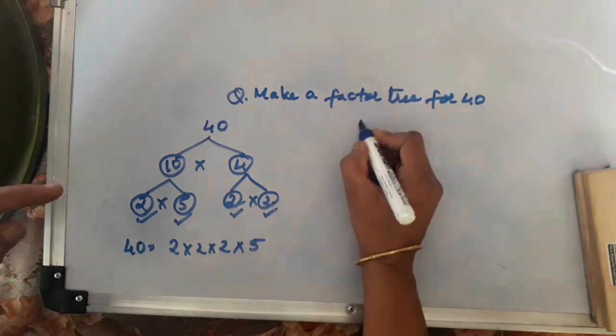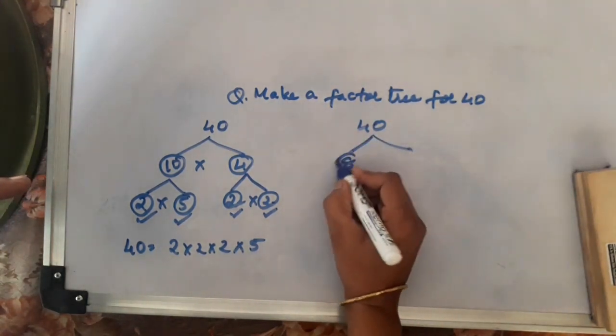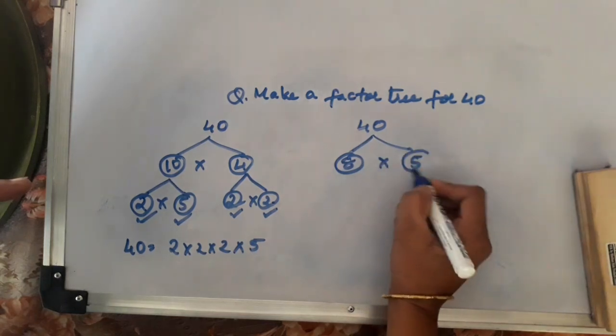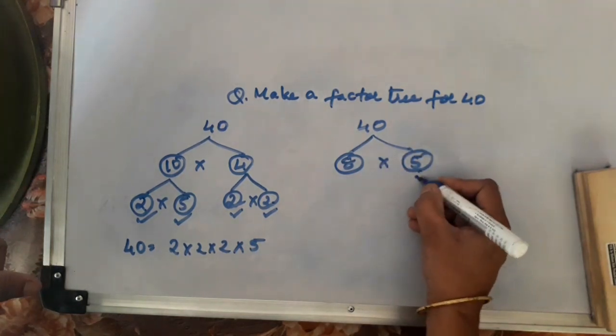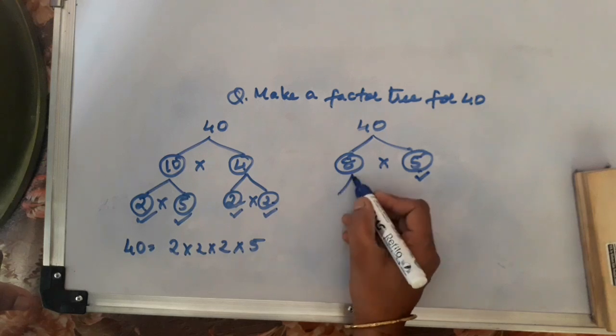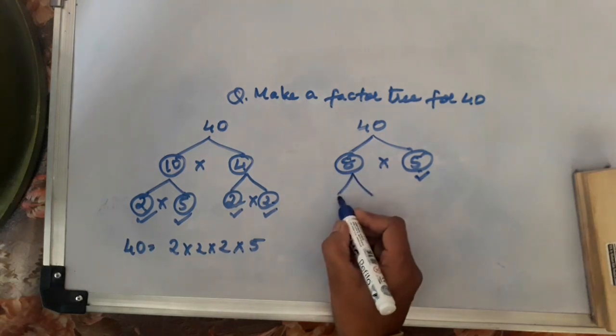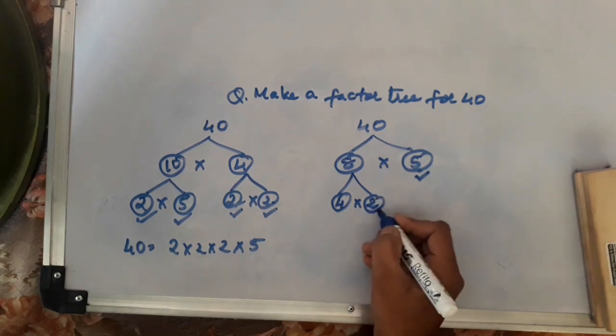If somebody has started, say, 40 is equal to 8 fives are 40, and 5 is a prime number, let us stop here. And here 8 is a composite number, we will split it up, and I can write 8 as 4 twos are 8, and 2 is a prime number.